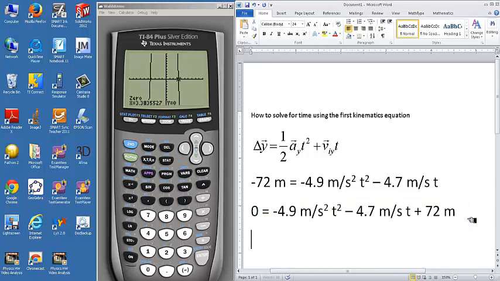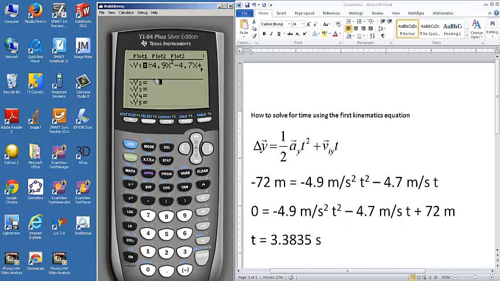So that's our solution. And what does that mean? That actually means t equals 3.3835 whatever seconds. And why did this work? Because it's saying this time causes this equation to have a y of 0.